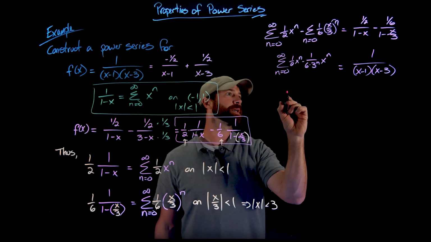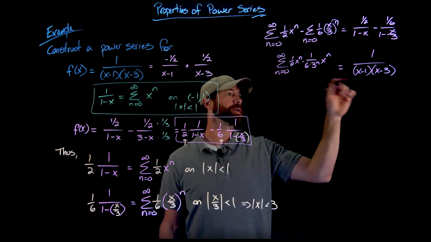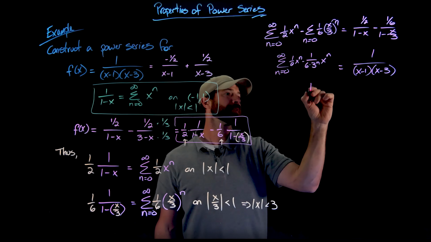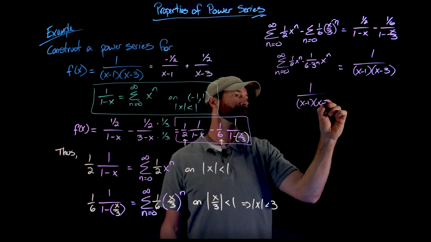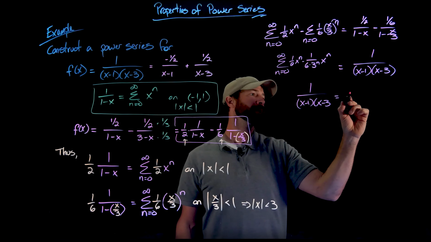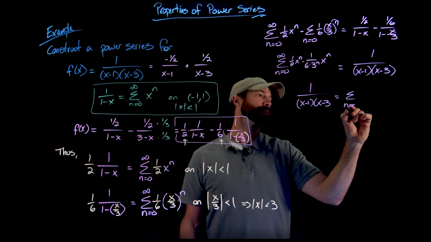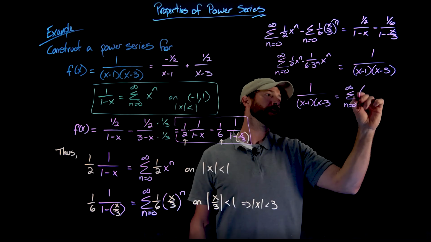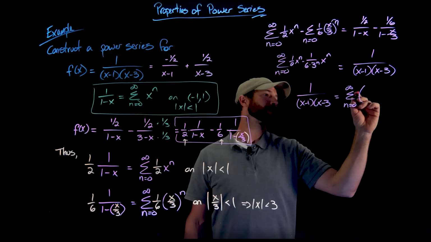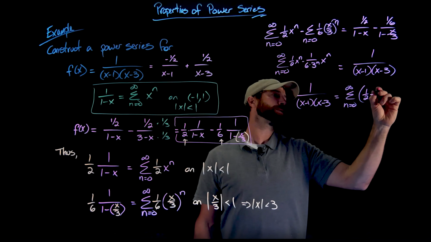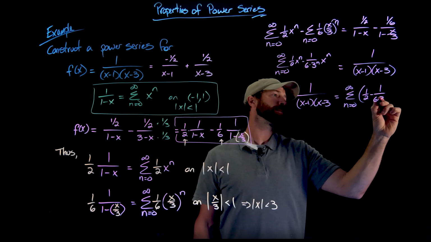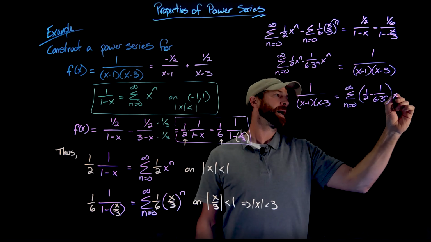So the power series, let's write this in a better order. This function, 1 over x minus 1 times x minus 3, can be represented by the power series from n equals 0 to infinity of, again factoring out the x to the n power, 1/2 minus 1 over 6 times 3 to the n, times x to the n.